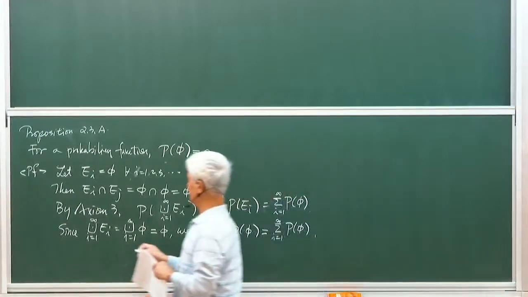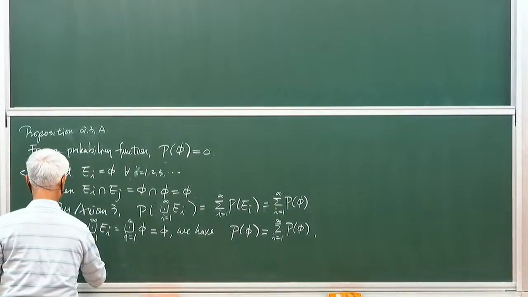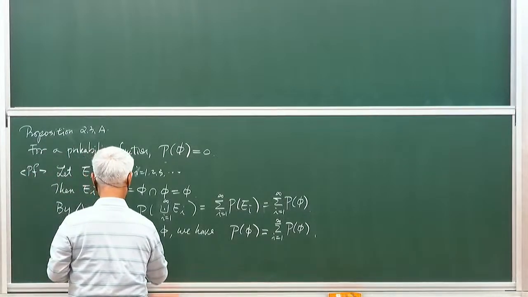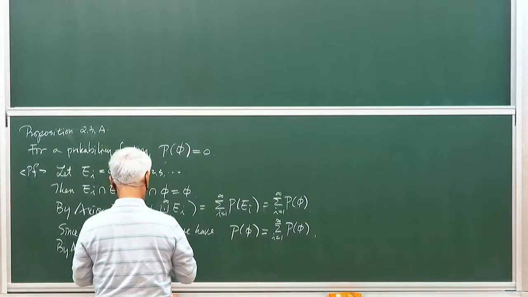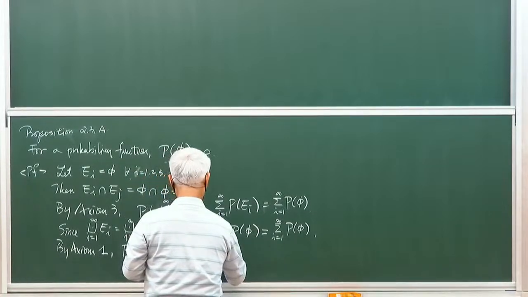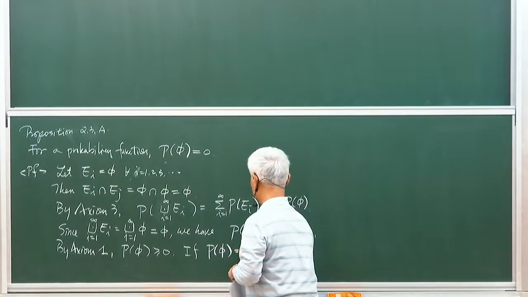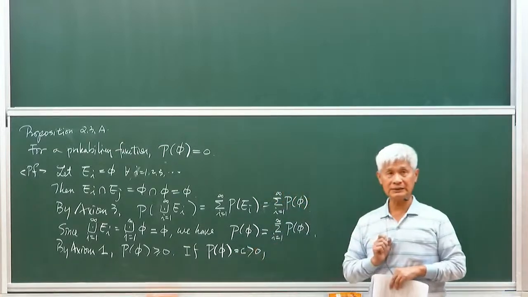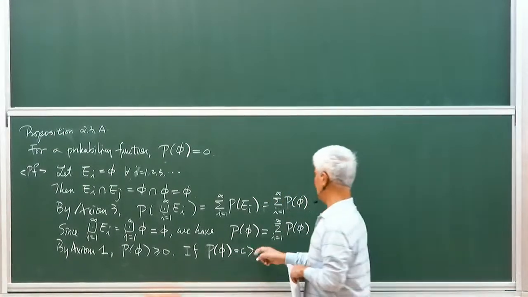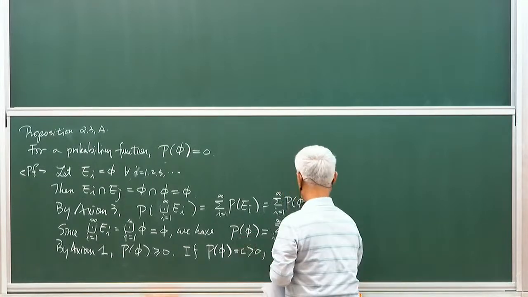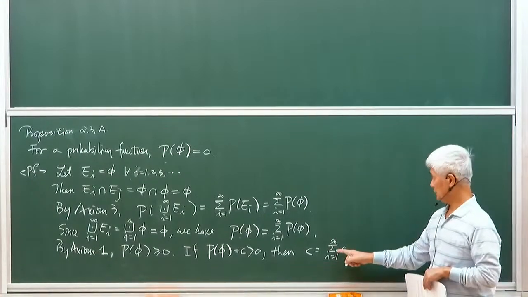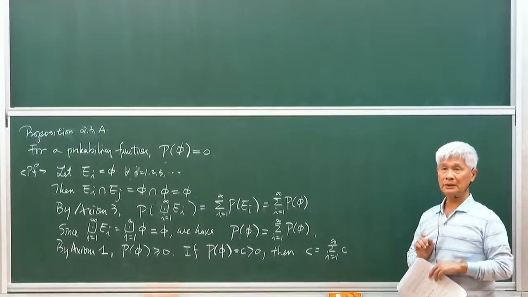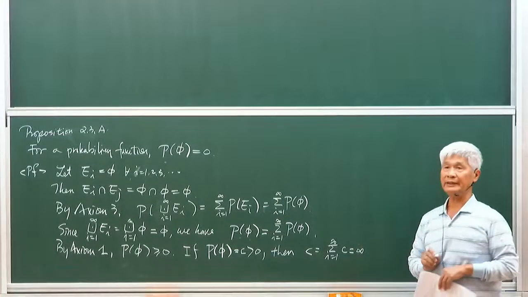Now, by axiom number 1, the probability is always non-negative. So there are two cases. If the probability of the null event, which we call C, is greater than 0, then C is equal to the summation of C, and you sum C infinitely many times. This is infinity, right?